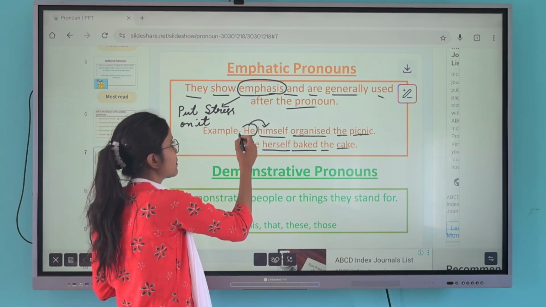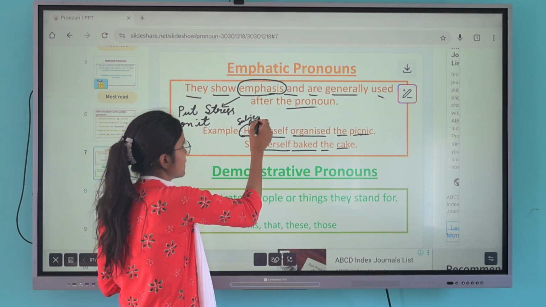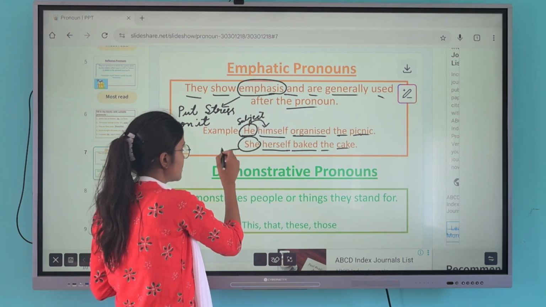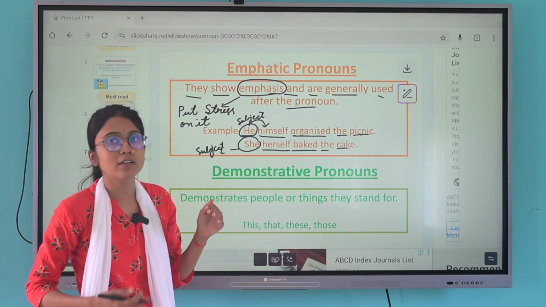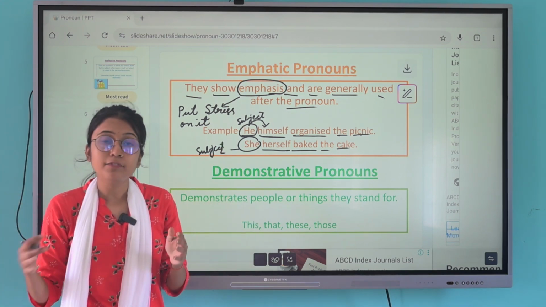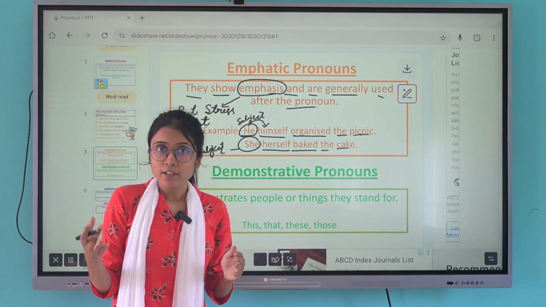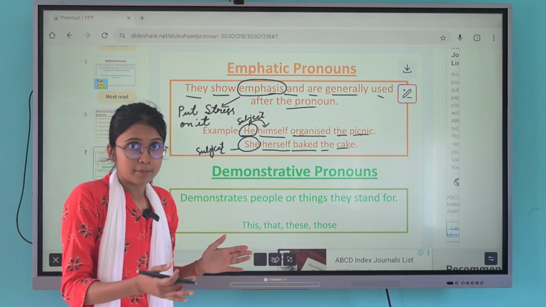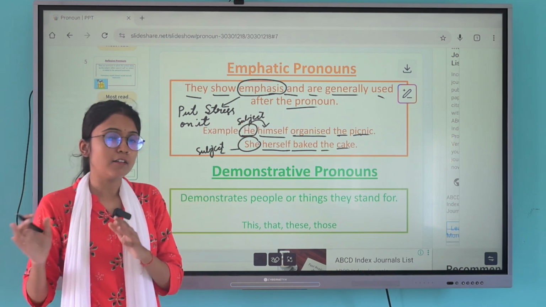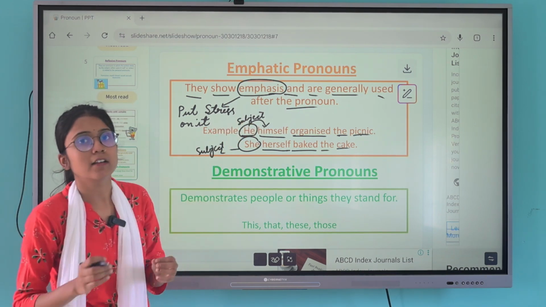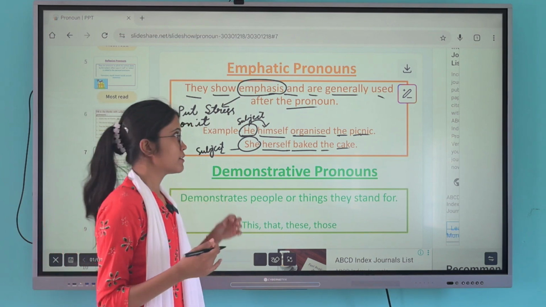He is a subject, she is a subject. So if we put himself, herself, itself, themselves, yourself after the subject, then it is included in emphatic pronoun.